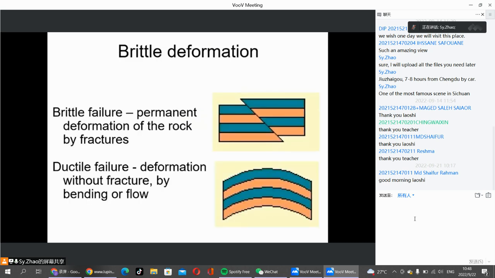So brittle failure refers to the permanent deformation of the rock by fractures, and ductile failure demonstrates the deformation without fractures by bending or flow, like this.